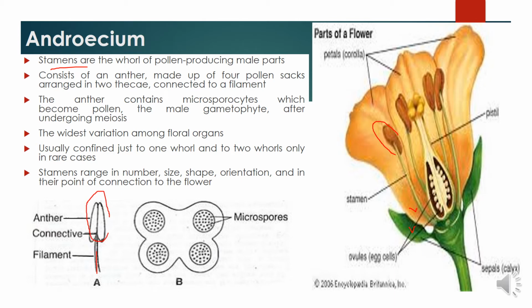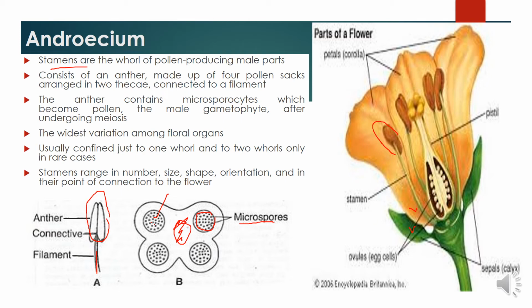The anther sac contains the pollen. This region consists of the connective tissue, which is a sterile tissue, and there are four fertile regions, the anther sacs, which contain the microspores.